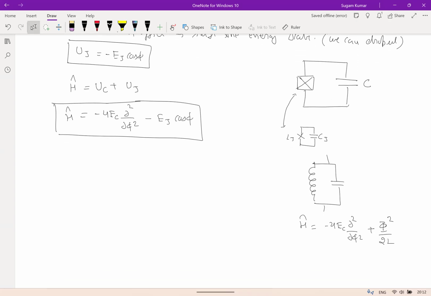It was like minus h cut square del square upon del x square plus 1 by 2 k x square. So in this situation, you can see the potential was perfectly parabolic. But here, look now, instead of phi square, what do you have? Cos phi, correct?